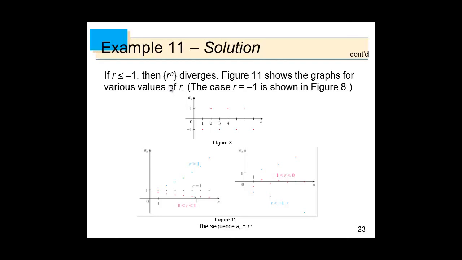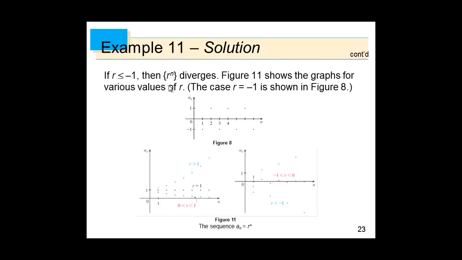Even if r is smaller than -1, like -2, -3, it's still alternating, and also in absolute value it's increasing. So in the case r is less than or equal to -1, it is divergent.